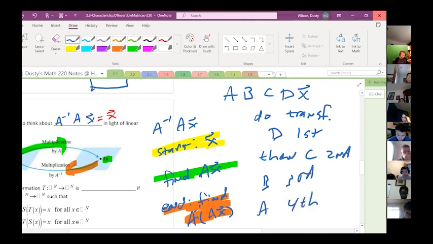So we're doing our transformations from right to left, not from left to right.